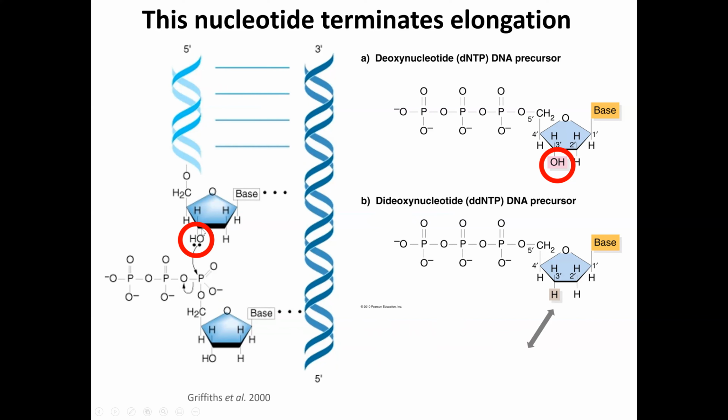It's going to end up being positioned off of this 3' carbon. And we're going to ignore the last 2 phosphates. Okay, we'll have a chance to see that a little bit more closely a little bit later. But the point here is that the hydroxyl group is super important for adding new nucleotides. So if you don't have that hydroxyl group, this is a sad panda if what you wanted was to add new nucleotides. So why does this help us sequence?